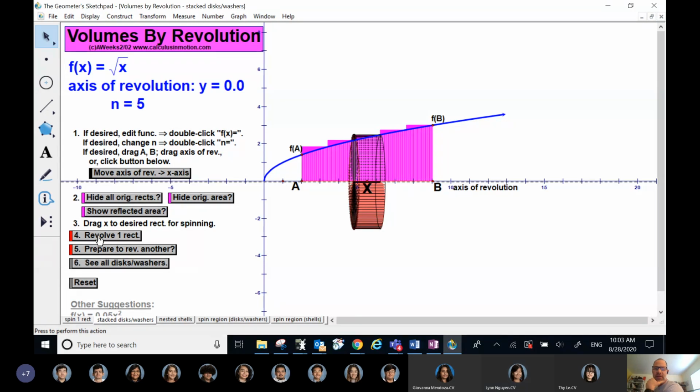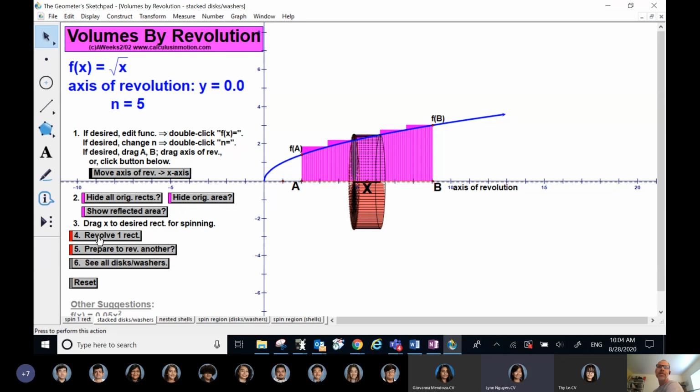What are the dimensions of that cylinder? Like, what's key? If you were going to find the volume of a cylinder, what would be what? Do you know the formula for volume of a cylinder?